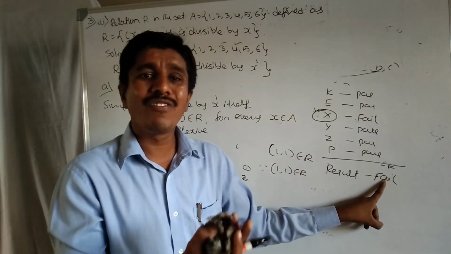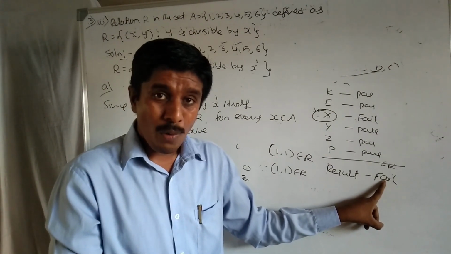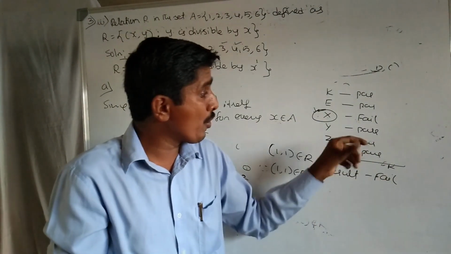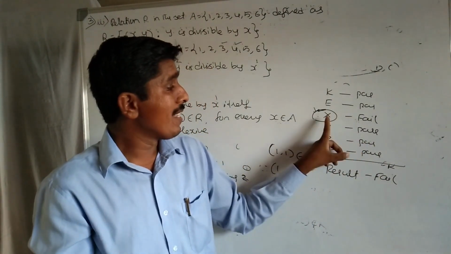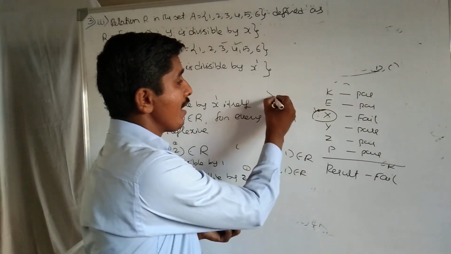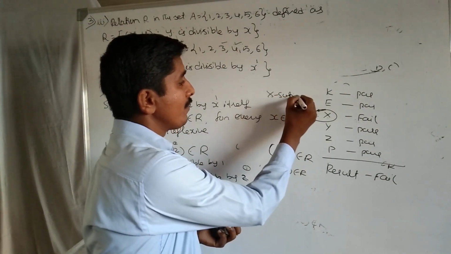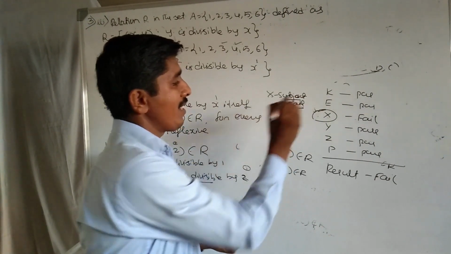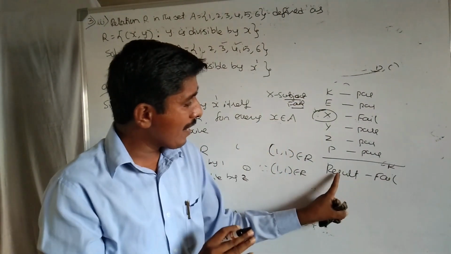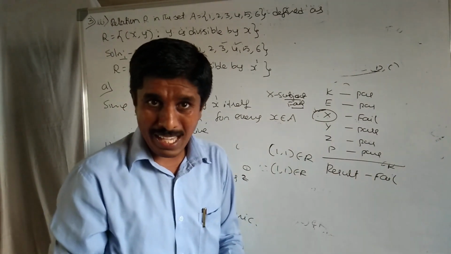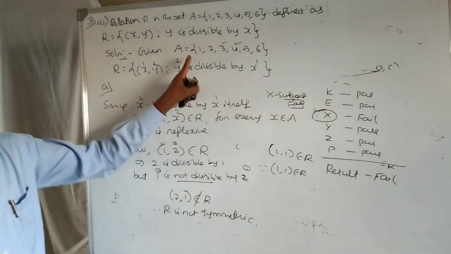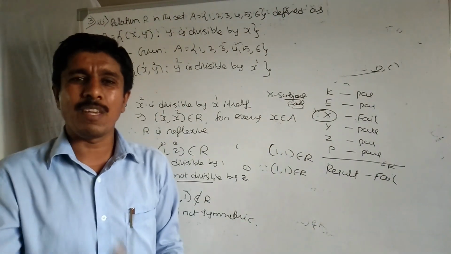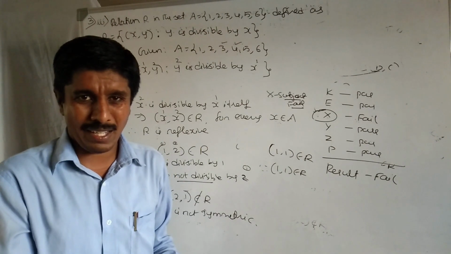Why did the result fail? We have to show which subject failed: X subject has failed. Therefore the result failed. Here also it is the same. If every element of the relation satisfies the symmetric condition, we say that it is symmetric.